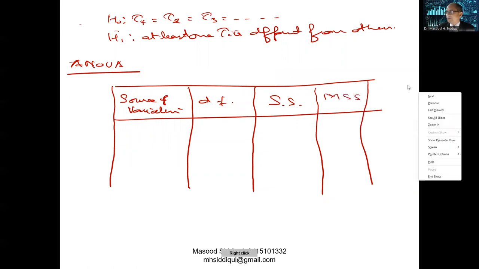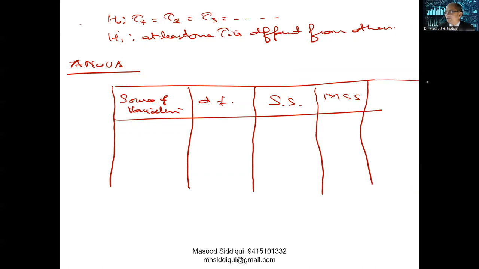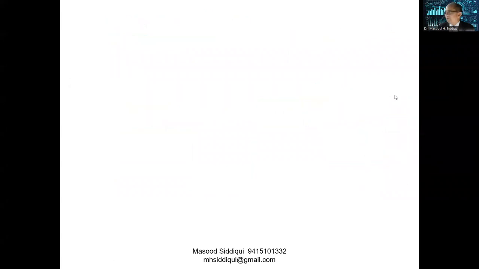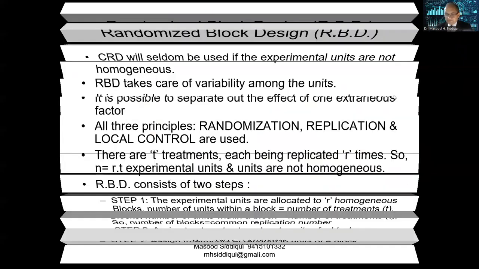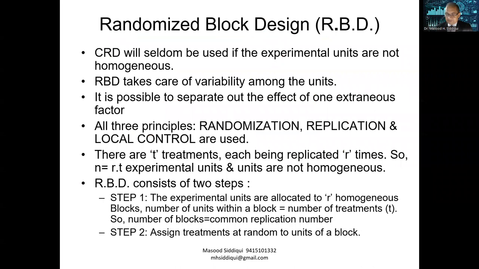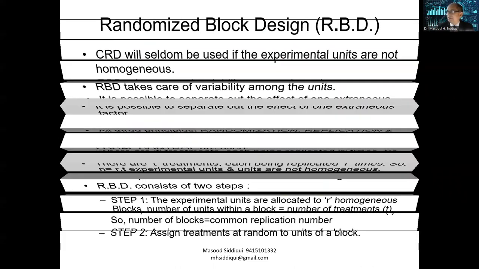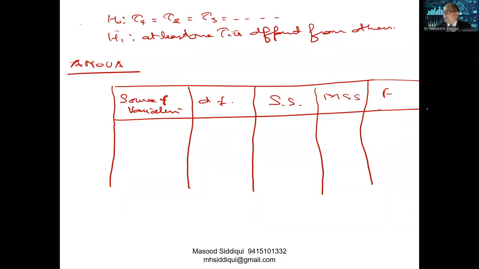In the end, we have the F ratio, or the variance ratio.